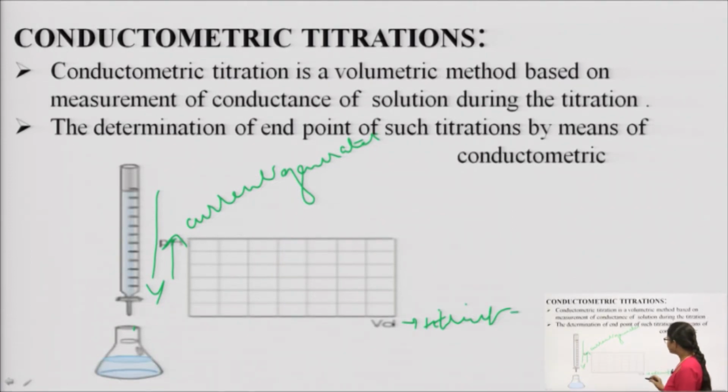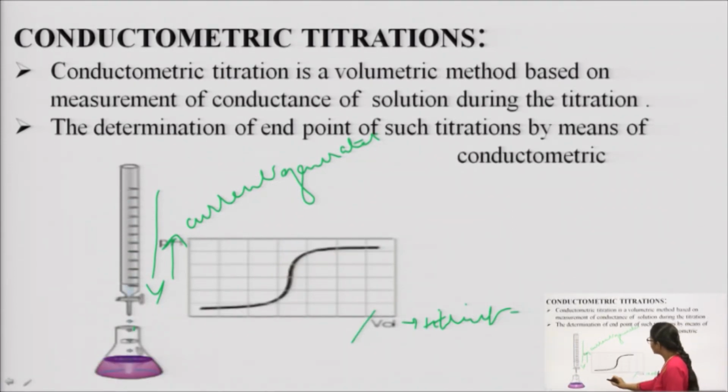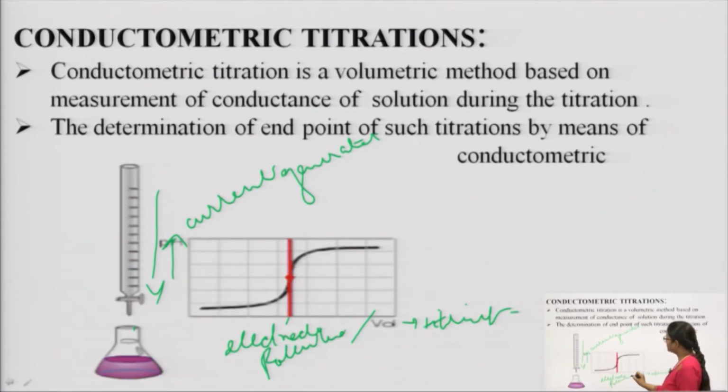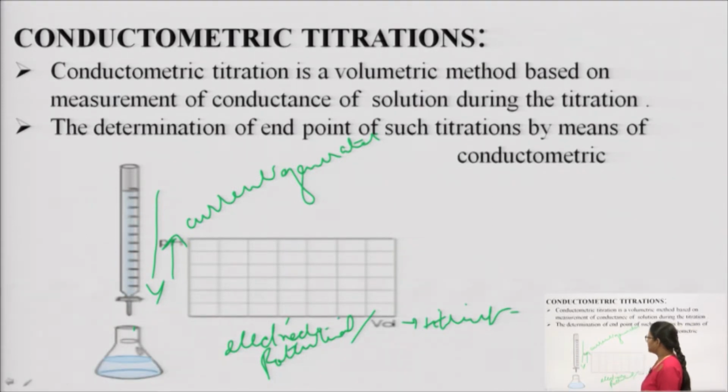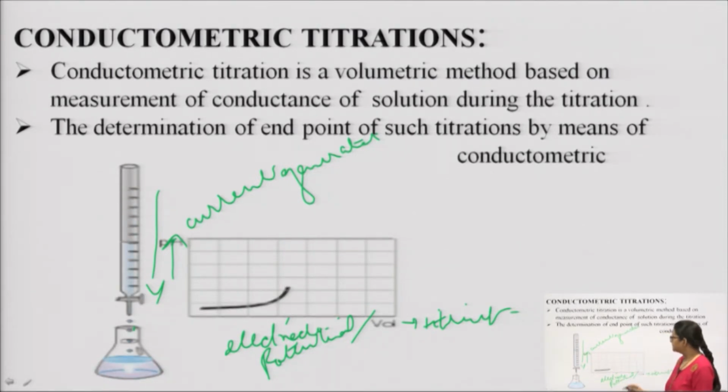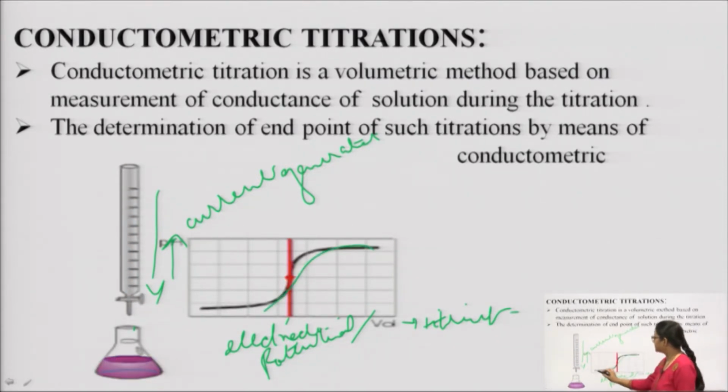You can plot the volume of titrant against electrode potential or conductance also. You can see here you will get a sigmoid shaped graph.